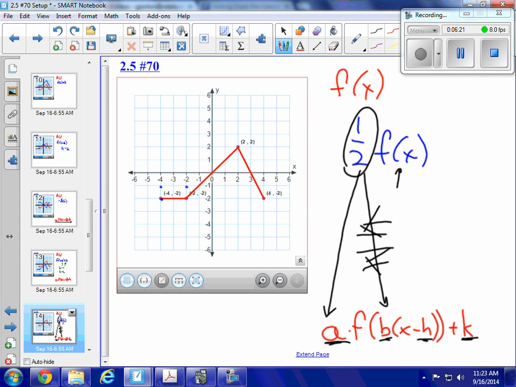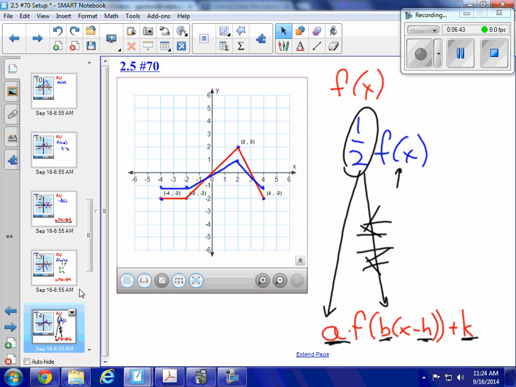My y value of this point was 2. 1/2 of 2 is +1. And again, I'm back here. My y value of this point here is -2. It goes to -1. So my transformed graph, I'm just going to connect the points, looks like that.